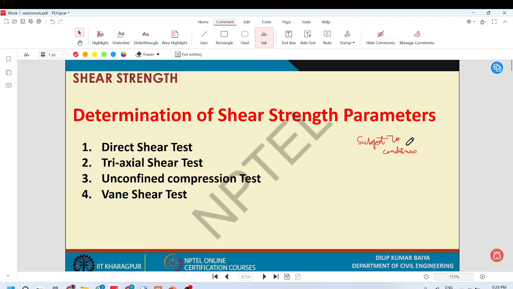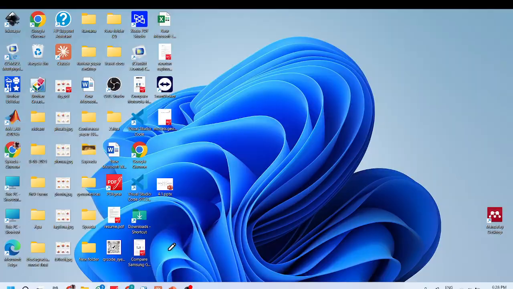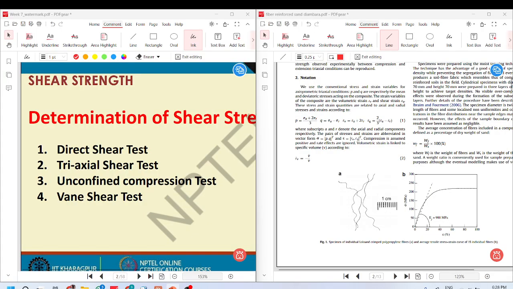We will be talking about these conditions further when we discuss what kind of tests we do to obtain these parameters. Please give me a moment to bring in the PPT.